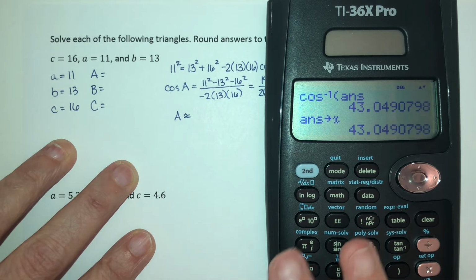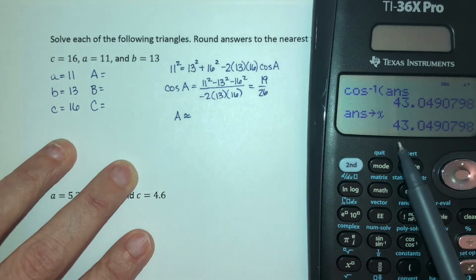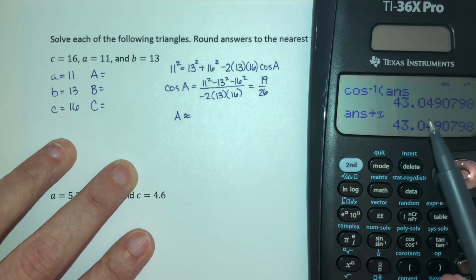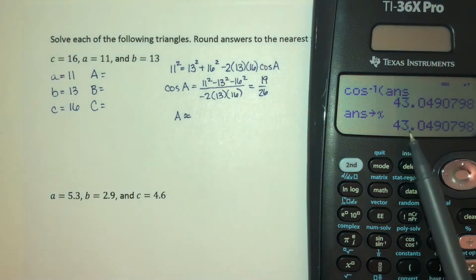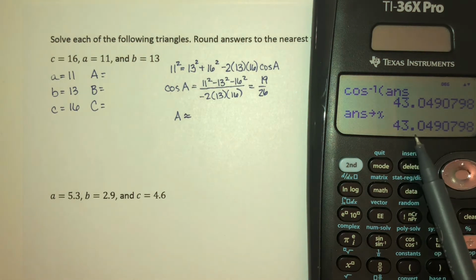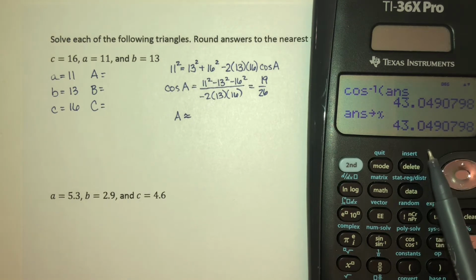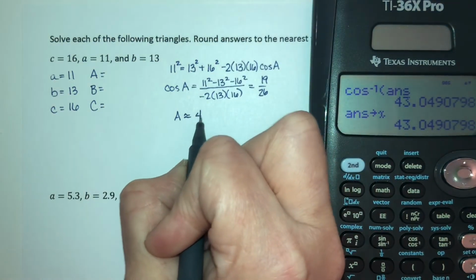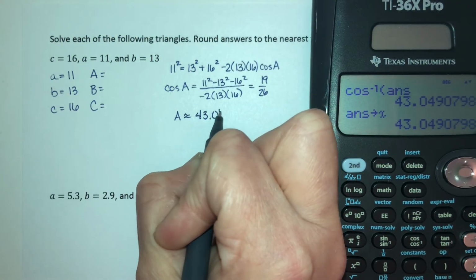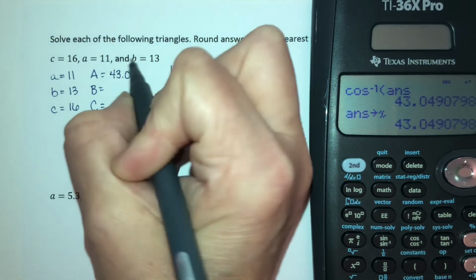I'll come back to that later. We're supposed to round our angles to the nearest tenth, and you get that A is approximately 43.0 degrees. Okay.